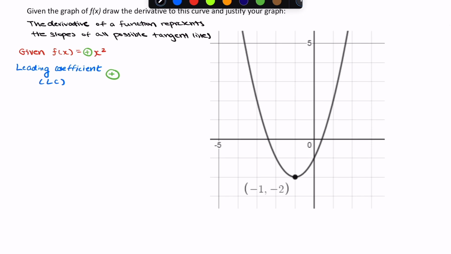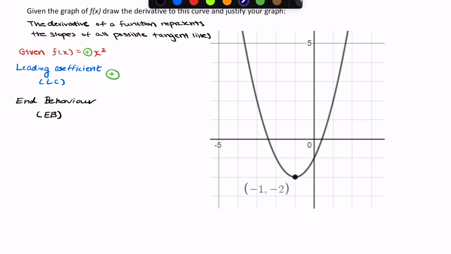If we look at the end behavior, short form EB, of f of x is equal to x squared, the function opens upwards, which means as x goes to negative infinity, f of x goes to positive infinity.